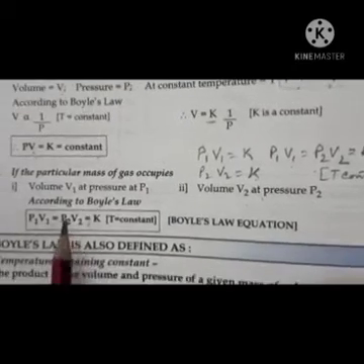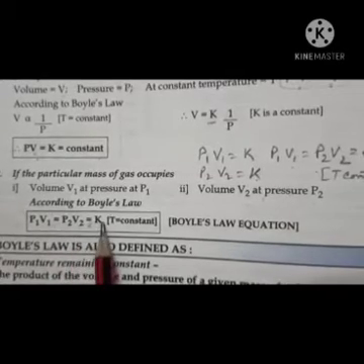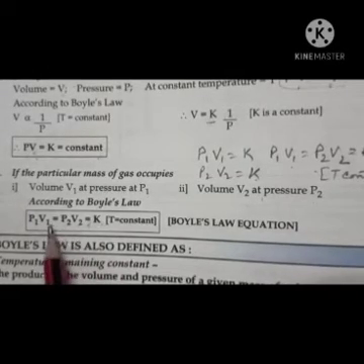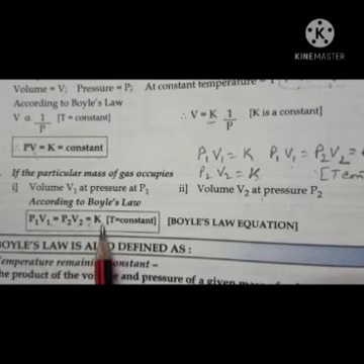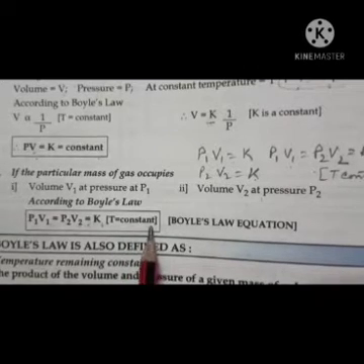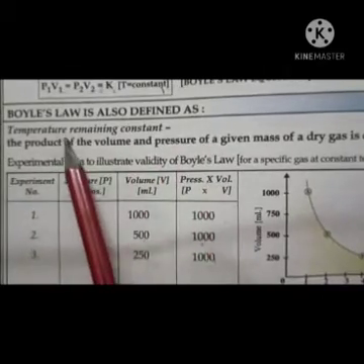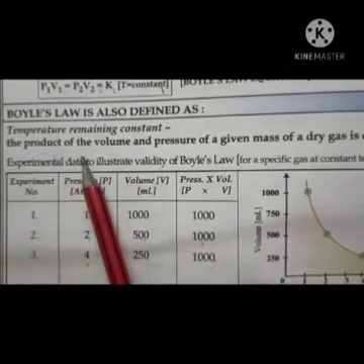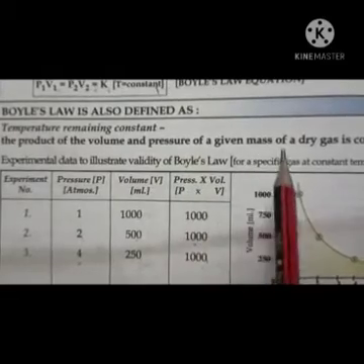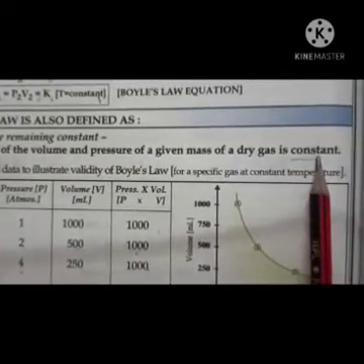You have to solve many numericals based on this equation, so remember it: P1 V1 is equal to P2 V2, which is equal to K at constant temperature. Boyle's law is also defined as: at constant temperature, the product of volume and pressure of a given mass of a dry gas is always constant.